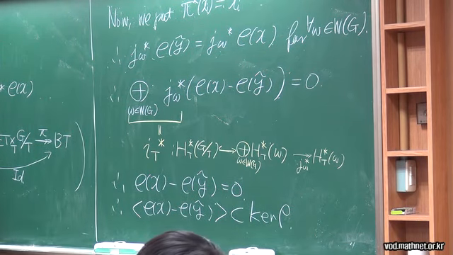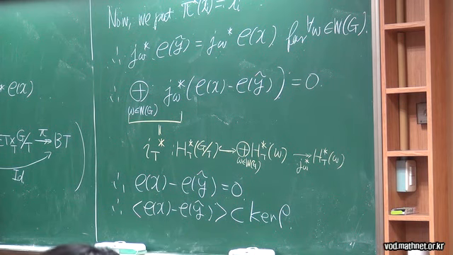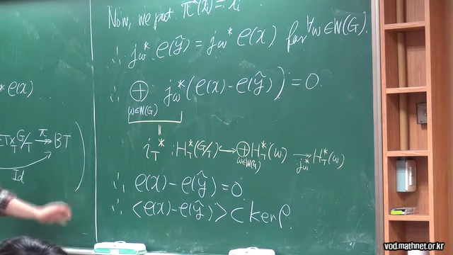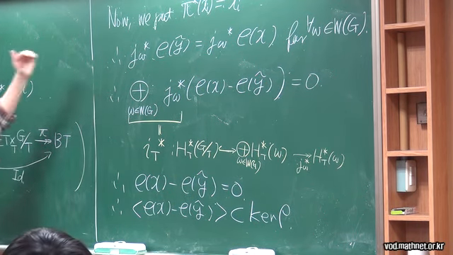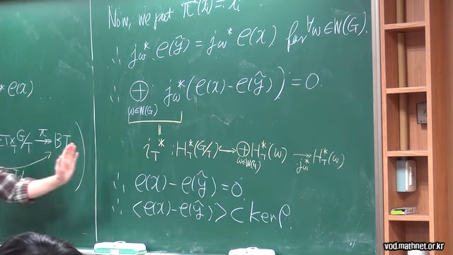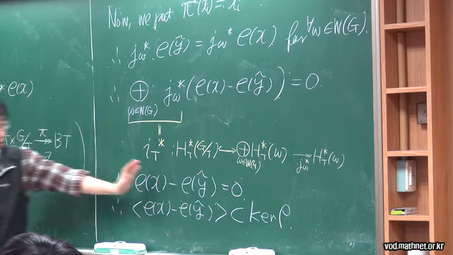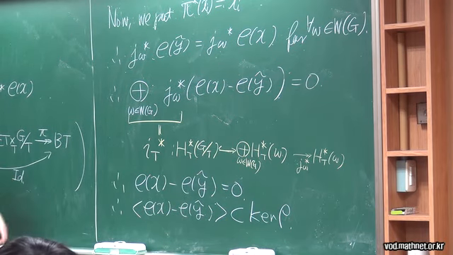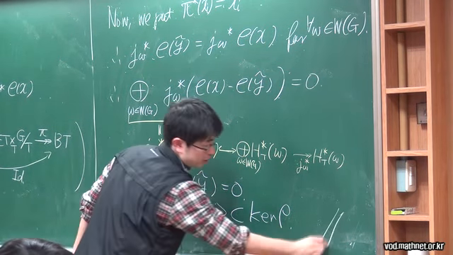Okay? Because this is at the equivariant cohomology level, and rho is a projection onto some polynomial ring. And at the equivariant cohomology level, this polynomial is 0. So the kernel of this rho contains this kind of polynomial. Okay. So this is done, the second step.